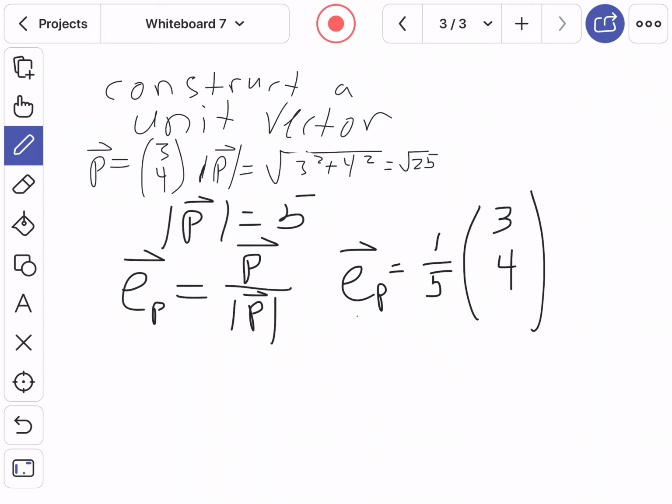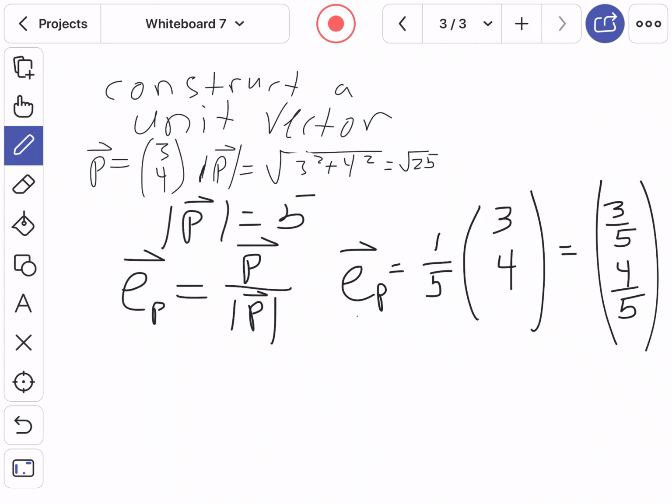So this is vector P, and this is the magnitude of vector P. If I do that, that's going to give me 3/5 and 4/5. All I've done is multiply by a scalar, because multiplying by a scalar does not change the direction.